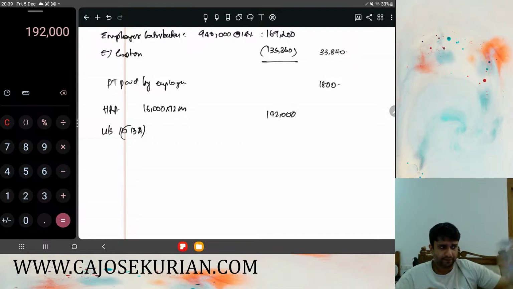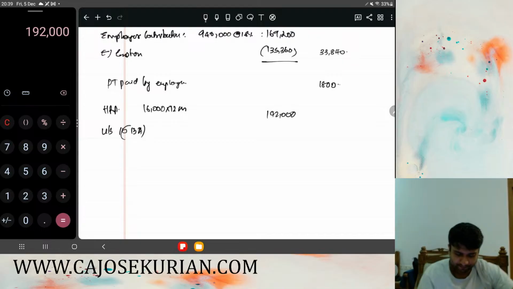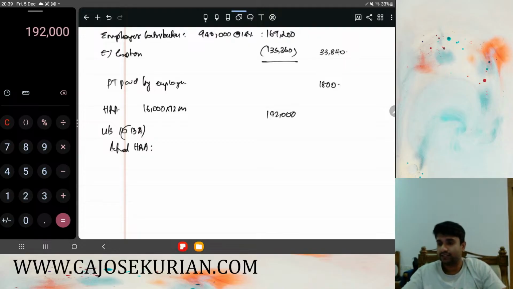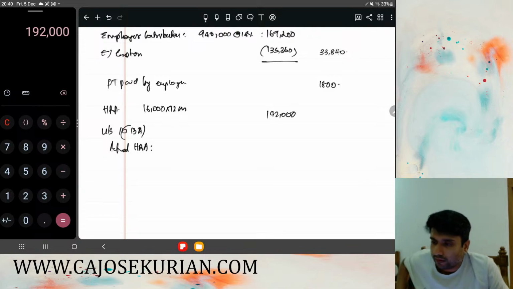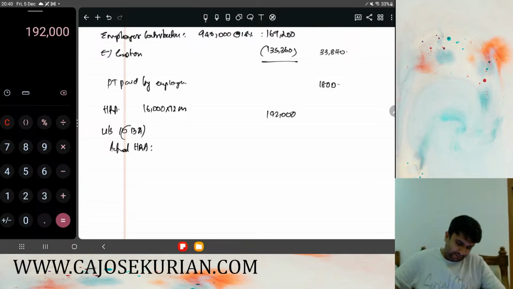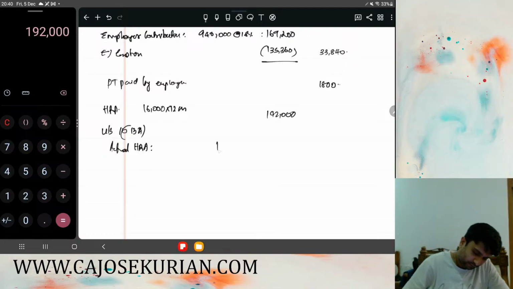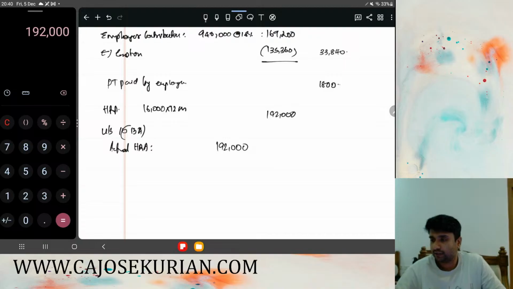Actual HRA received. And how much is the actual HRA? Actual HRA received is, say, 192,000, or 40 percent of the basic salary plus DA forming part of the retirement benefit plus commission.